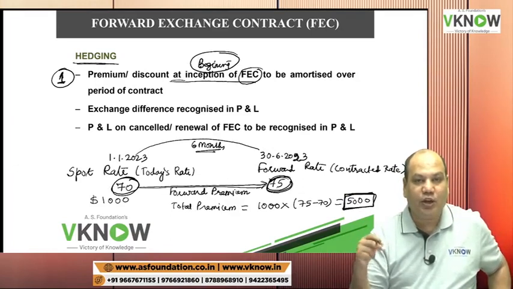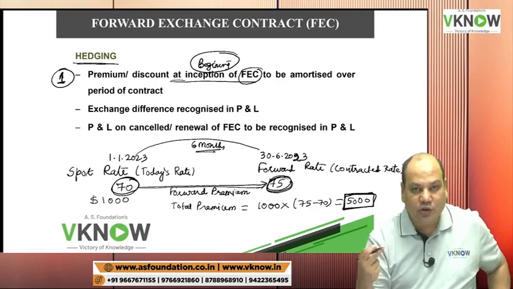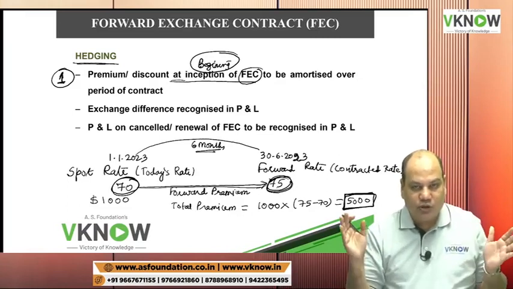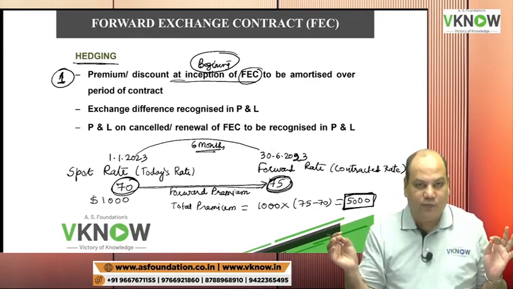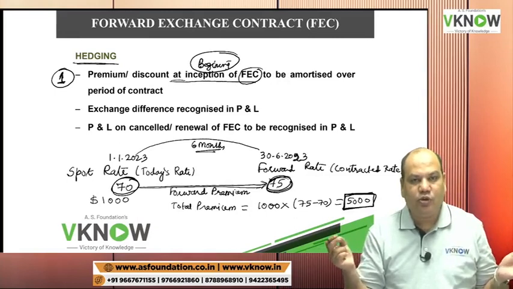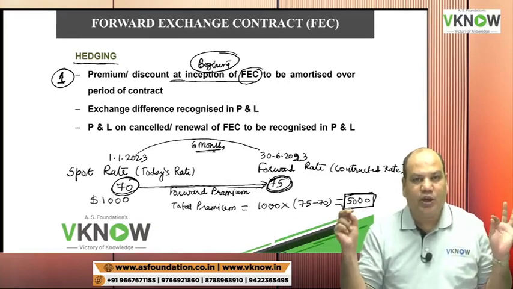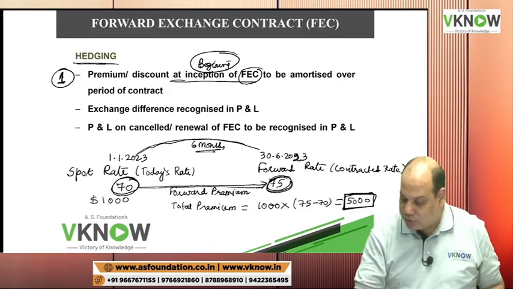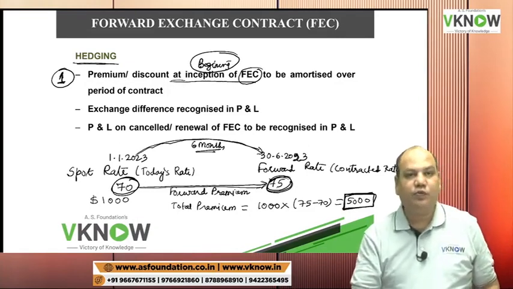But if you are an importer, there is a loss because you are paying 5,000 more. So the standard says this difference between spot rate and forward rate, that is your gain or loss by entering into a forward contract, will be amortized over the period of contract.